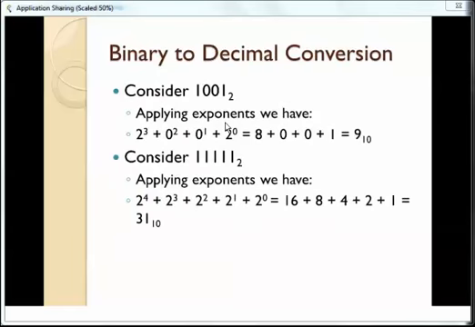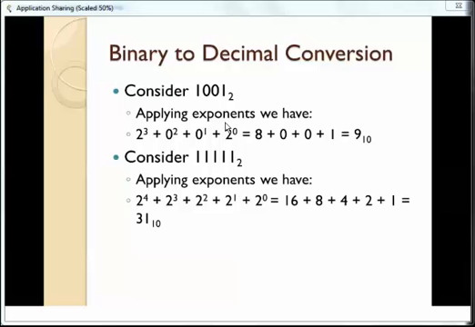So continuing with our example of the binary number 1001, we would apply our exponents in the following way. We would note all the locations where we have a value of 1. And by location, it would be from 0 to wherever we're located in the string of numbers in sequence.